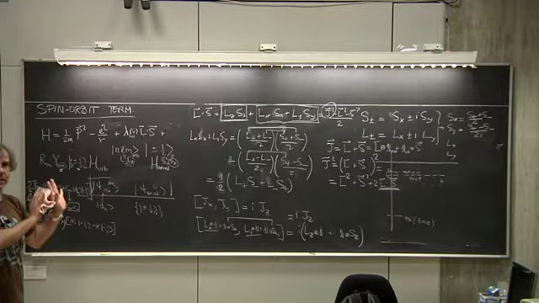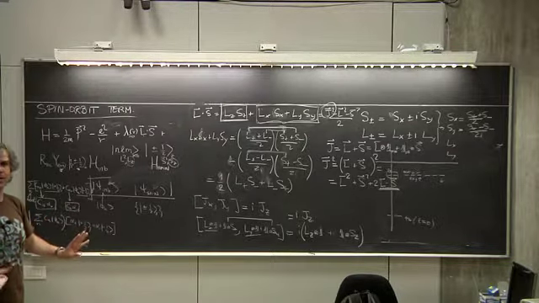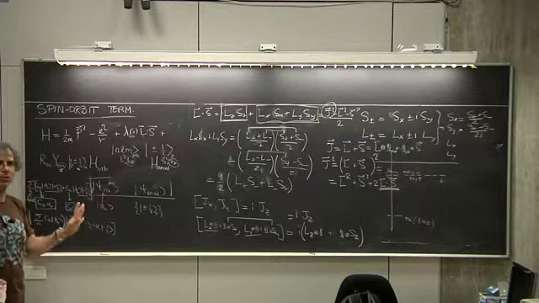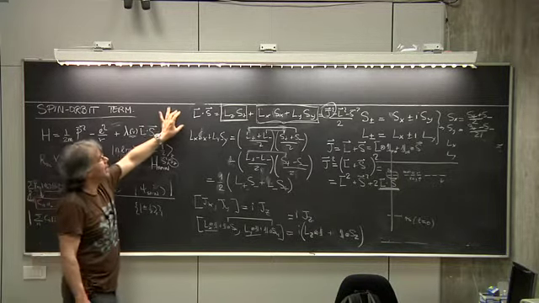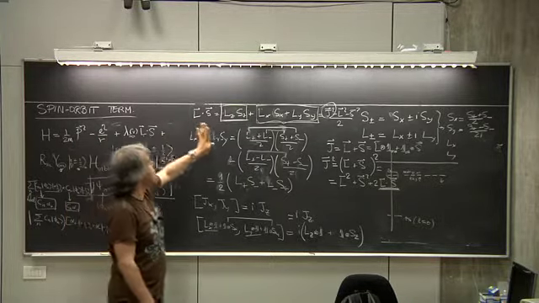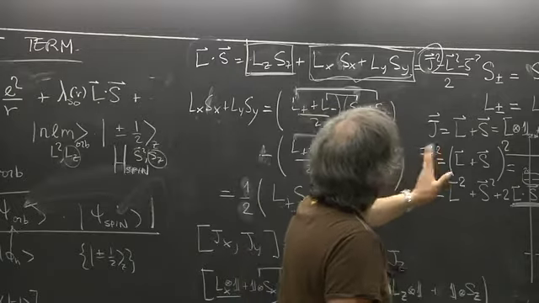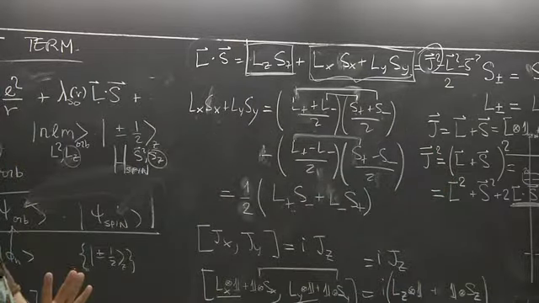Is this clear until now? Because now everything will become a mess in a second. So let me make sure that you understood until now the origin of this term and the fact that it must be somehow sorted out from constructing eigenstates of J square. Clear or not?